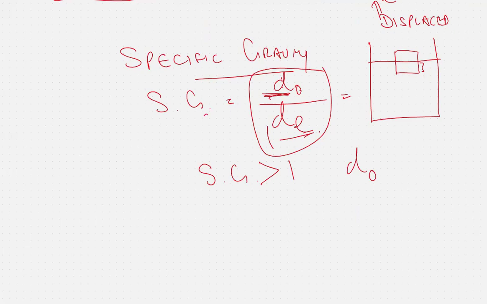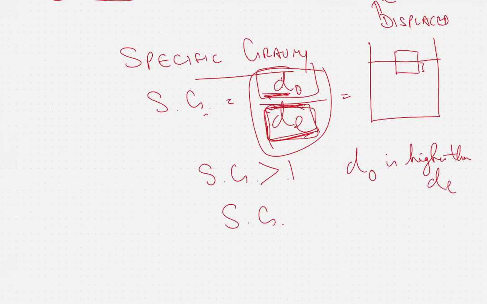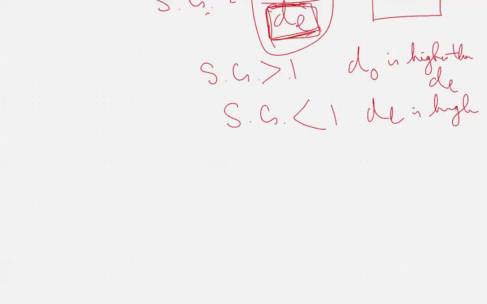It's obvious, because you are dividing the density of the object by the density of the liquid; if the liquid's density is a smaller value, you get a higher result. But if the specific gravity is less than 1, then we can say the density of the liquid is higher. That means it's going to float, and we get a number less than 1 that gives us a ratio.